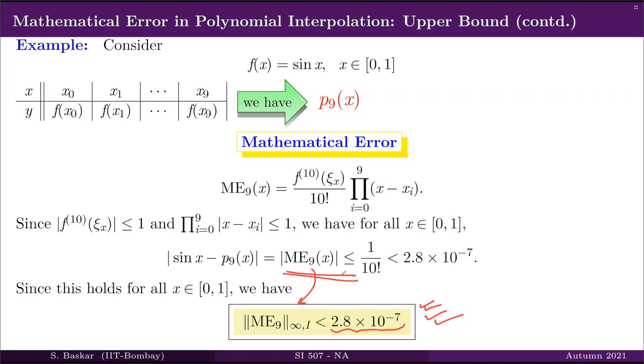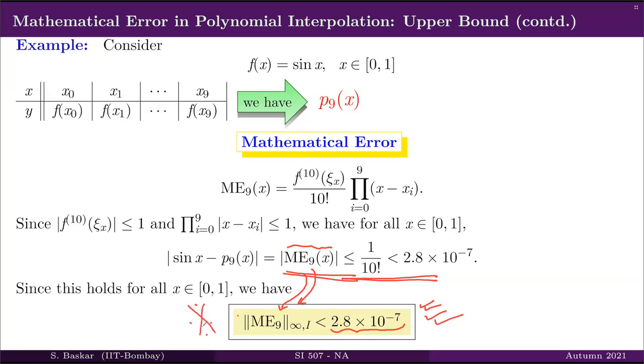You say that this inequality holds for all x, and therefore it also holds for that x at which this function attains its maximum, right? You write this argument and then conclude that the infinite norm of ME is less than that number. So this step is very important finally.